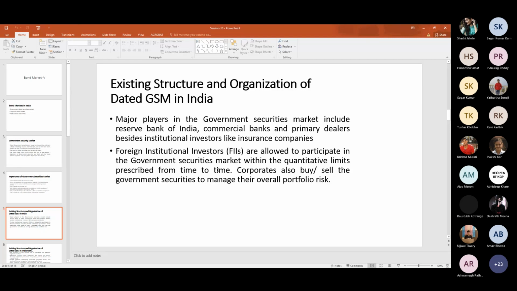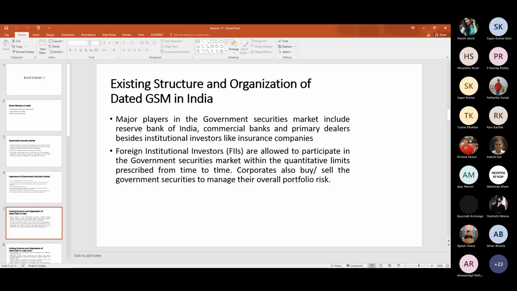And foreign institutional investors, what you were just asking about, the FIIs, are also allowed to participate in the government securities market within a quantitative limit, which changes from time to time. So they cannot invest unlimited amounts of money in this segment. There are certain restrictions the Reserve Bank of India has put, but they are also allowed to invest in the government securities market.